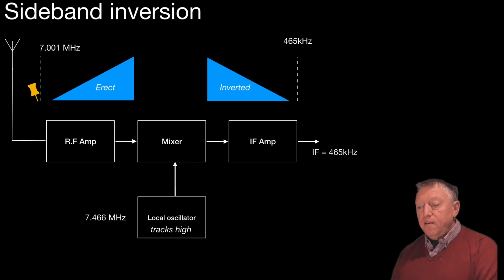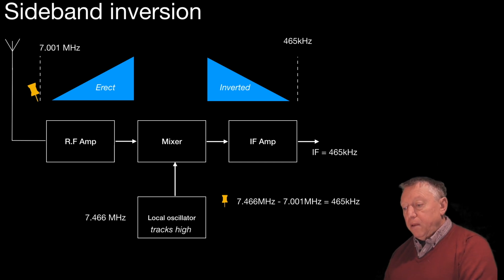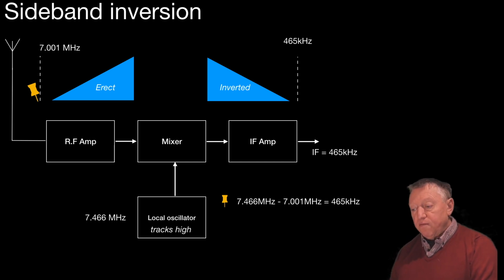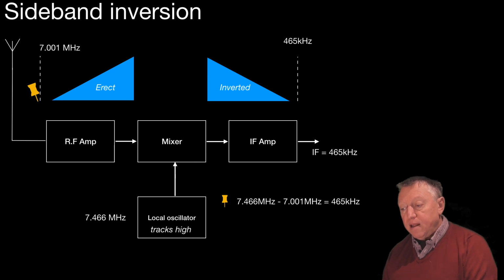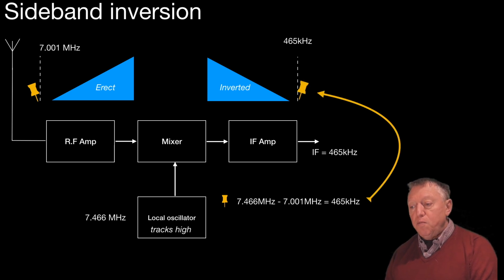If we take the 7.001 through the mixing stage and see where it ends up, it'll be the local oscillator, 7.466, minus 7.001, which is equal to 465. So we can put a pin in at 465. Those two yellow pins at 7.001 and the IF spot frequency of 465 are equivalent.